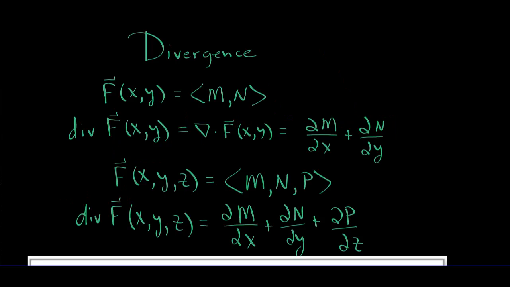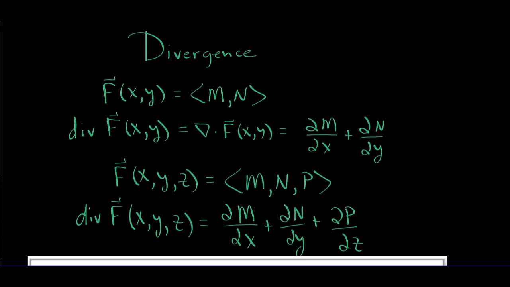So, let's look at this. Let's just remember that when we talk about divergence, let's suppose we have a vector field. The divergence is the partial of the first part with respect to x plus the partial of the second part with respect to y. So you're taking the partial that corresponds with the coordinate, the partial with respect to x for the x part, the partial with respect to y for the y.